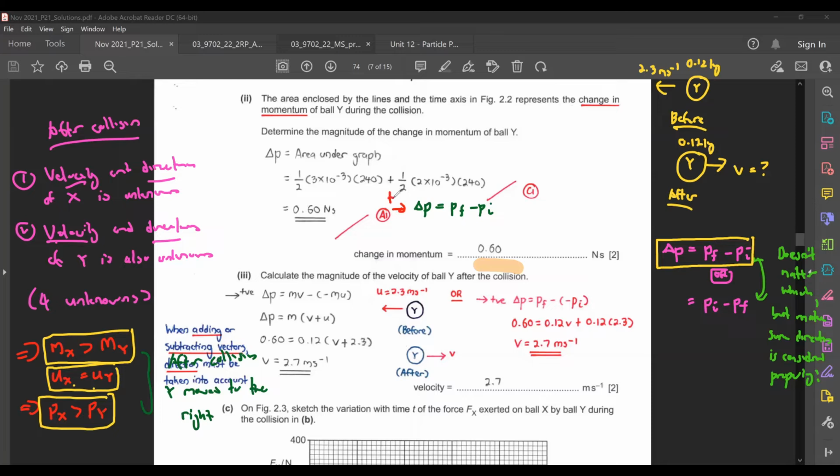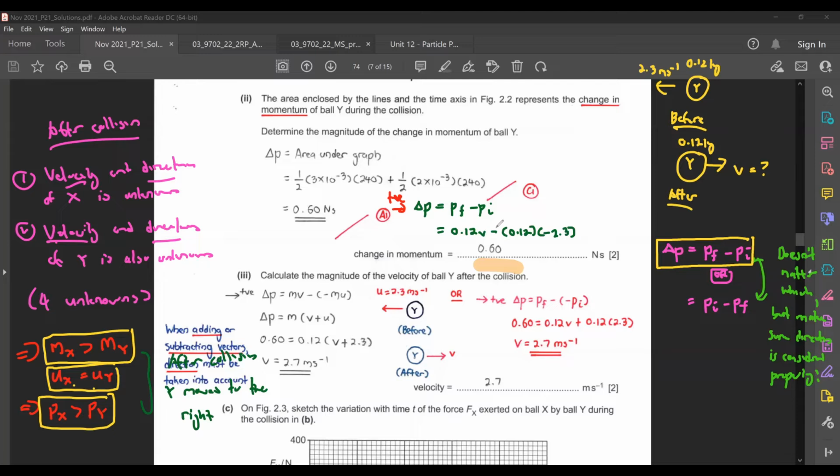If I assume that going towards the right is positive, this is what I'm going to be getting: 0.12 times V minus 0.12 times negative 2.3.